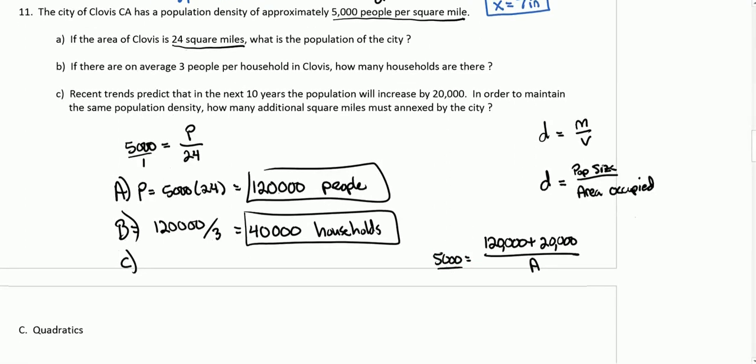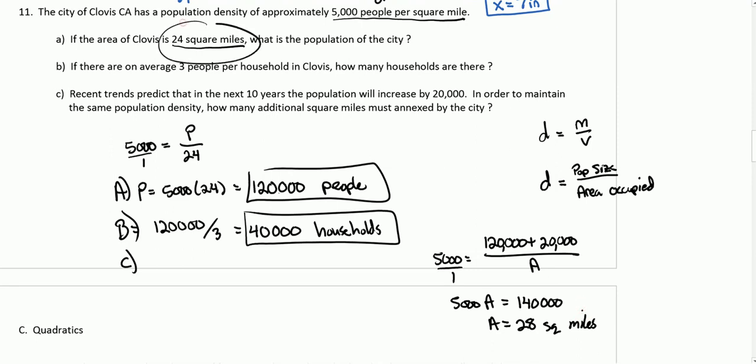And so if I cross multiply here, I'm going to get the 5,000 times the area is 140,000. Divide 140,000 by 5,000. We get 28 square miles.